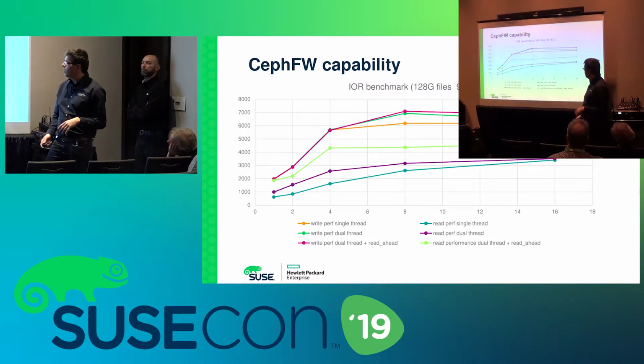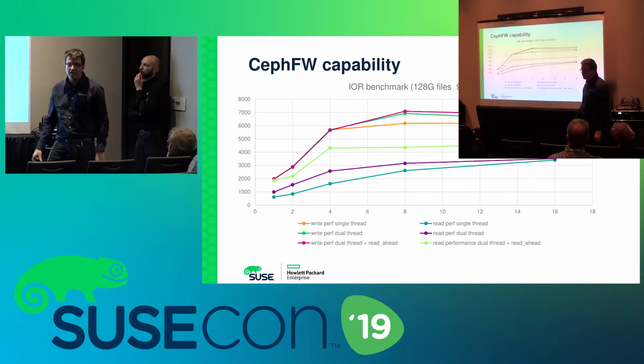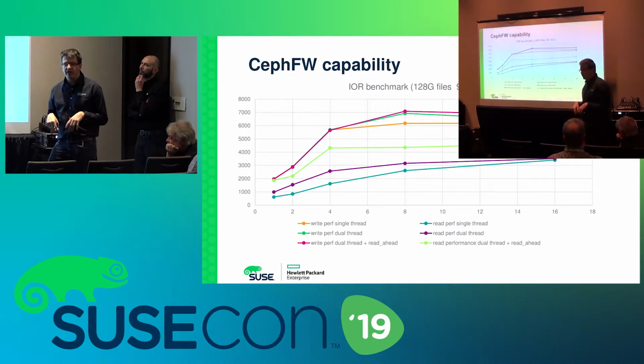For those who are from HPC, they must know these things. We're using IOR benchmarking. It's a nice tool that writes and reads in parallel. This is basically what is used in huge cluster benchmarking of parallel file systems.